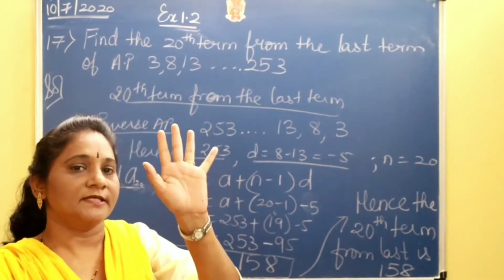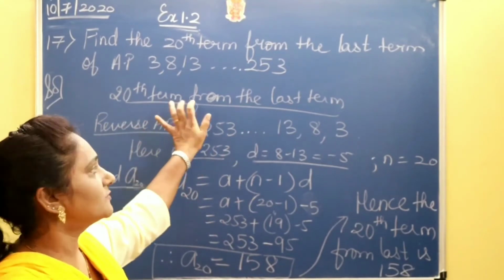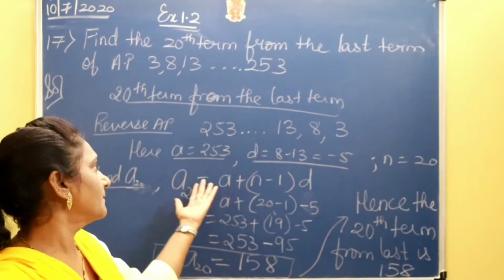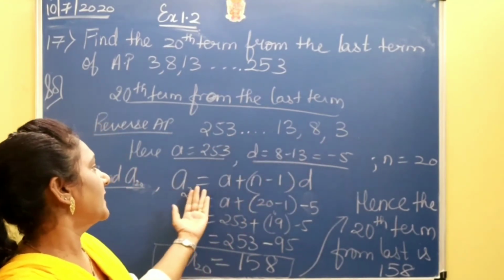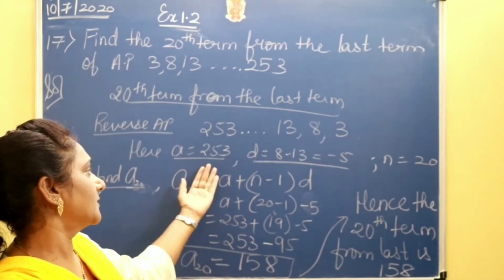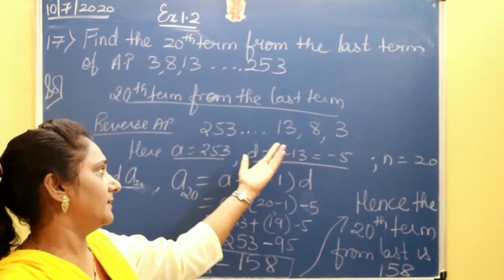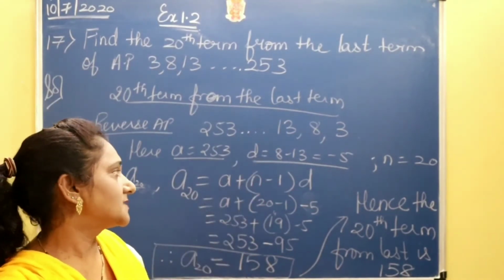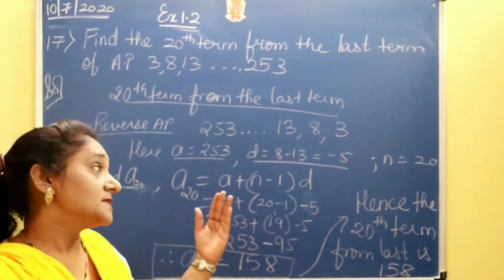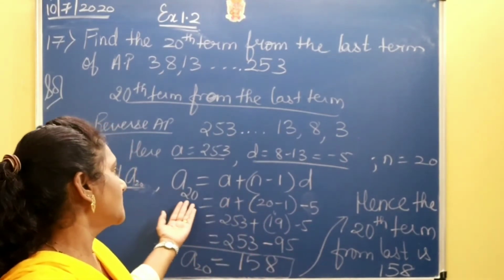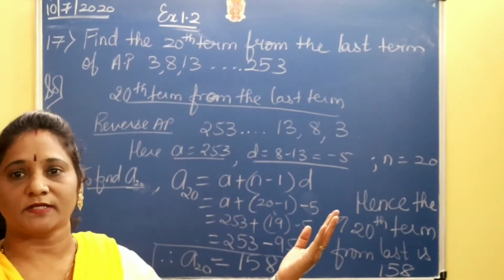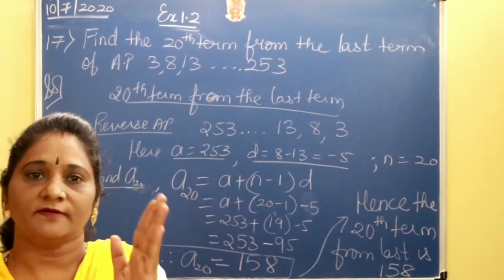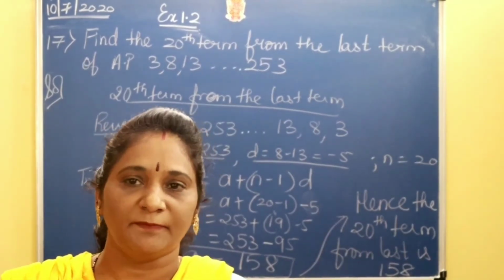Whenever such a question is asked, you have to reverse the AP and then your a changes. 253 will become the first term here, and of course your d will be the successive term minus the preceding term. You will get it as minus 5. The formula continues: an is equal to a plus n minus 1 into d.